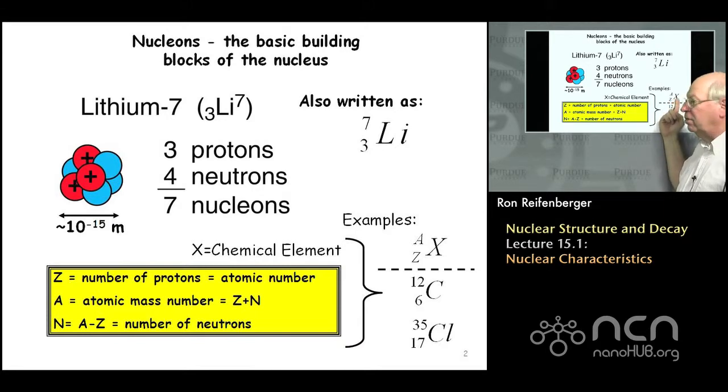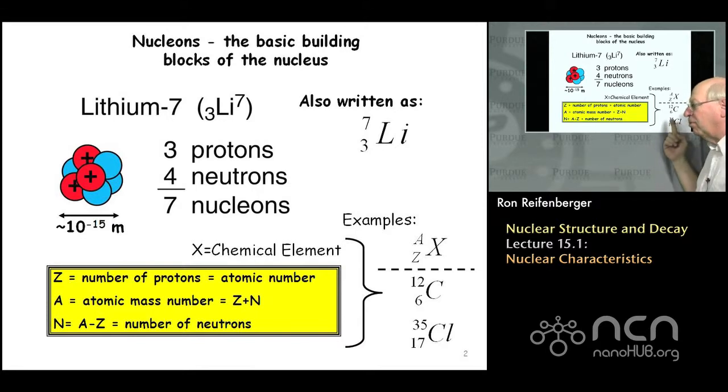There's something like 115 chemical elements in the periodic table. The subscript Z refers to the number of protons in that particular element. The number of protons just must exactly balance the number of electrons. And the atomic mass number A is the superscript. That represents the number of protons plus the number of neutrons in that particular nucleus.